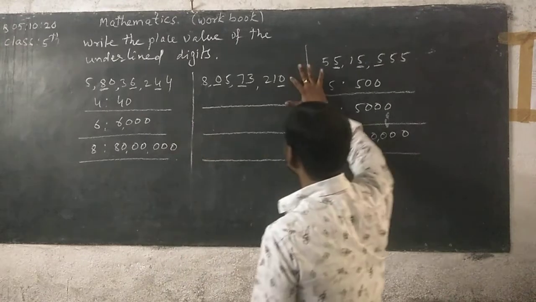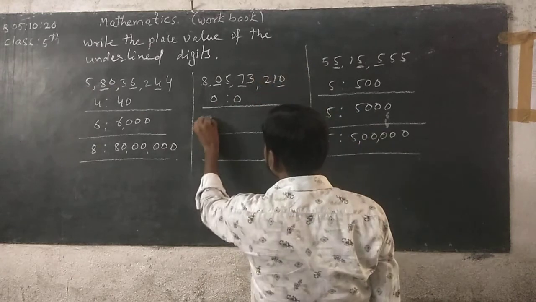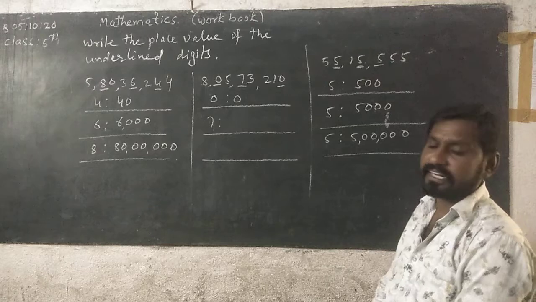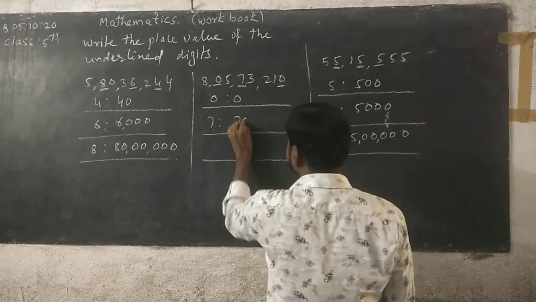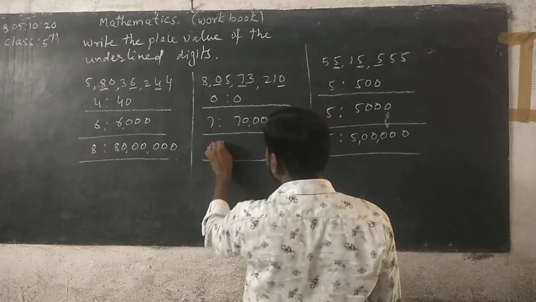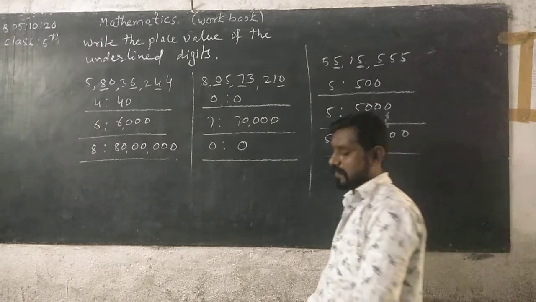So this is 0. Next 7. Where is 7? 7 is in 10,000 place. So 7 ten thousands is 70,000. Next this 0 is in 10 lakhs place, but the place value of 0 is always 0.